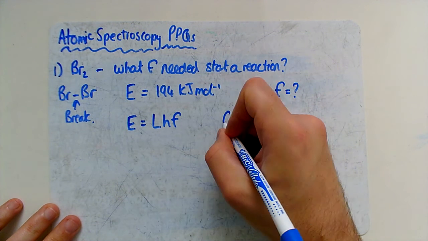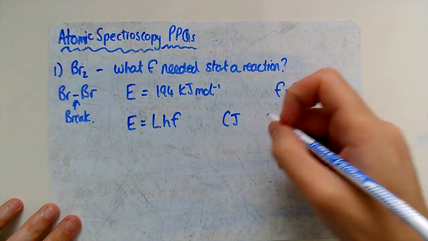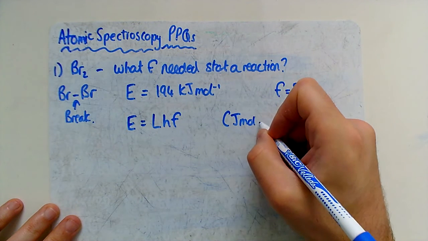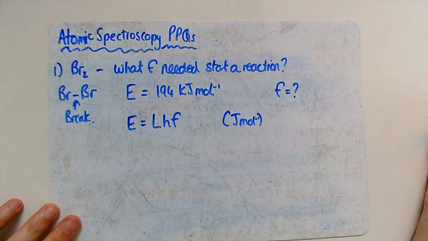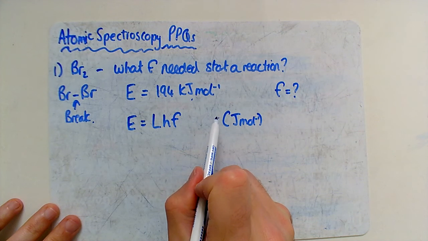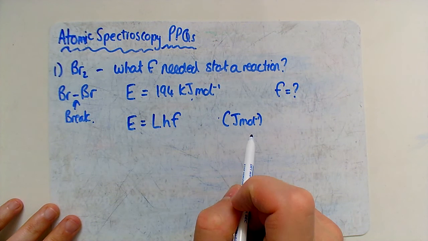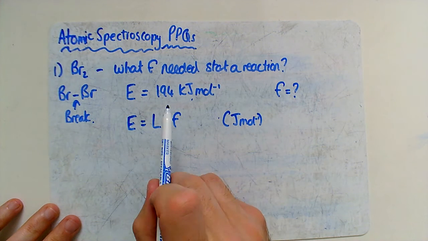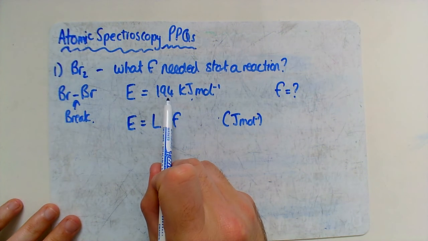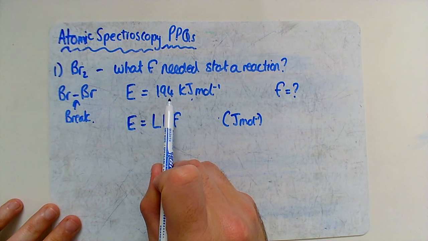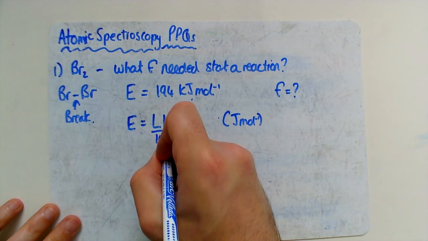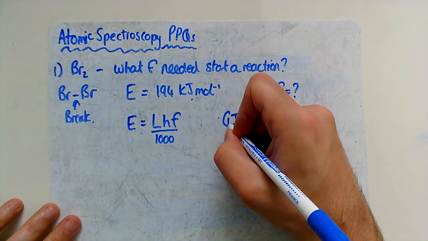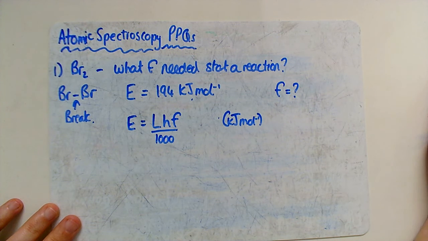Now, it only gives you joules per mole if you do it that way. And so we've got a mismatch of units. So in order to make this work, you can either turn this into joules by multiplying by 1,000, or you can divide this equation by 1,000, which turns that into kilojoules per mole. So there's two possible ways.